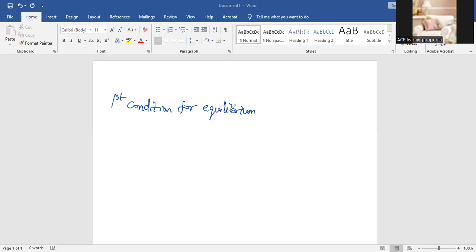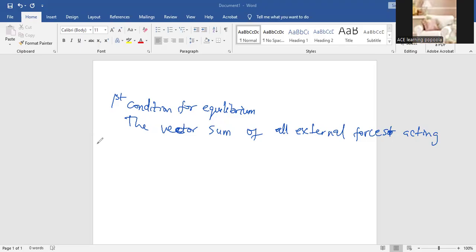Okay, so first condition for equilibrium of a body is that the vector sum of all external forces acting in X, Y, Z direction must be 0.